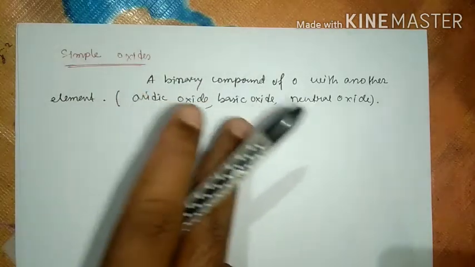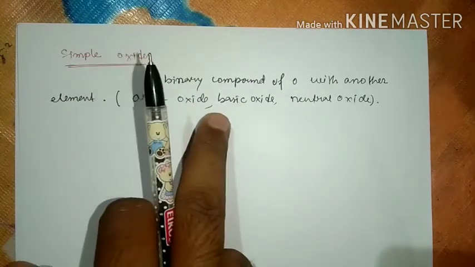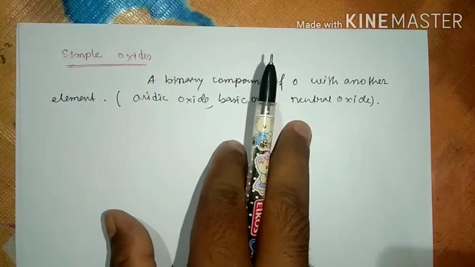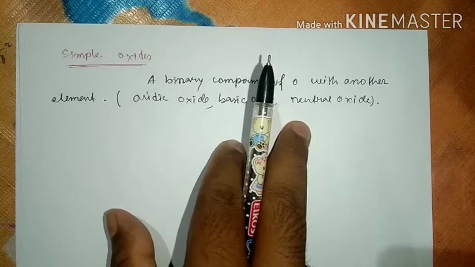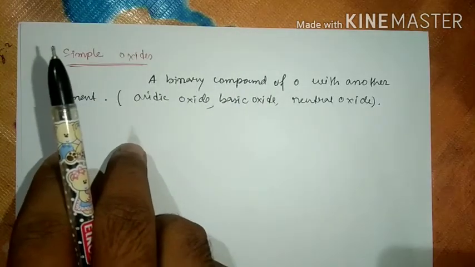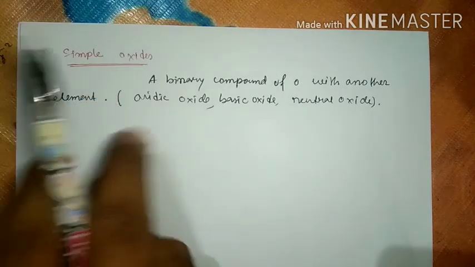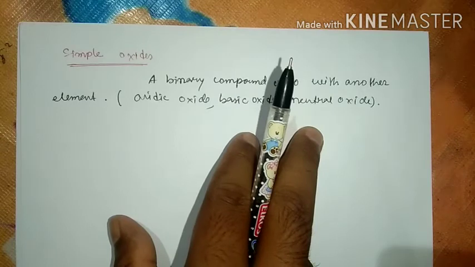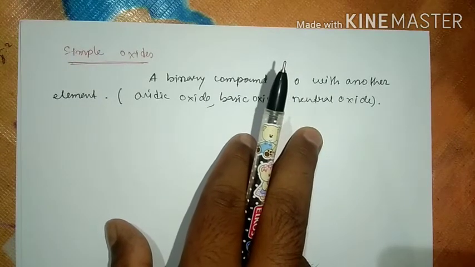Similarly, the oxide which reacts with water to form a base is called a basic oxide, and the oxide which reacts with water but does not produce either acid or base is called a neutral oxide. This neutral oxide is known as amphoteric oxide as well.